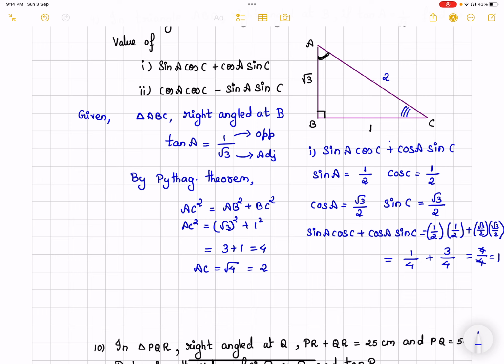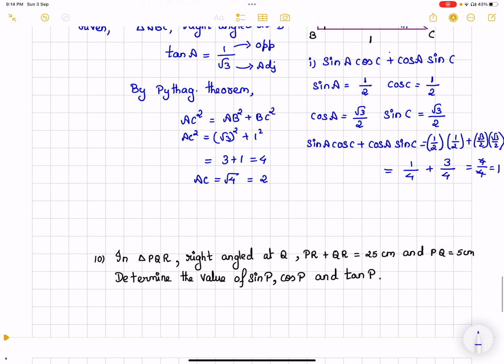We found out the first subdivision, it got over. Now let's move on with the second subdivision of the question.